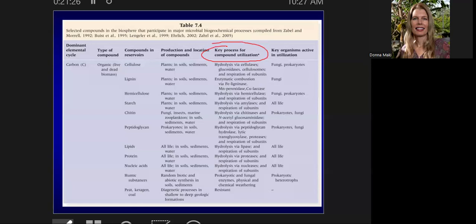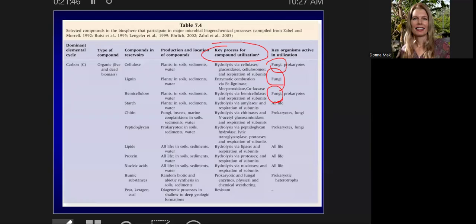But if you look at the final column, you can see how, especially with the cellulose, lignin, hemicellulose, fungi are really dominating. Fungi are really, really good. I would like you to pick up on that idea. Fungi are really good at recycling plant material.